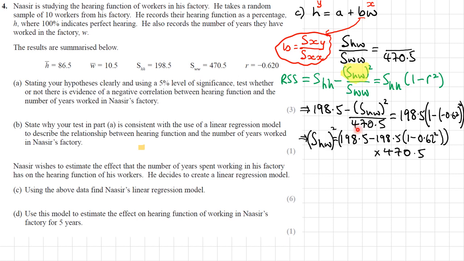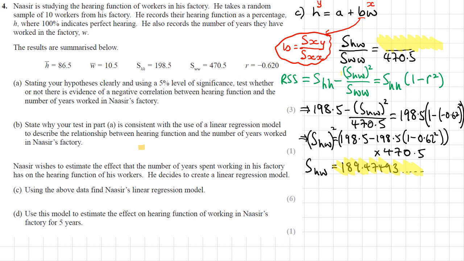So rearranging that formula, you'll get Shw all squared is equal to 198.5 minus 198.5 times by 1 minus 0.620 squared times by 470.5. So that will give me Shw is going to equal the square root of that, and that is 189.47493. So that's the exact value that I'll be using up here.